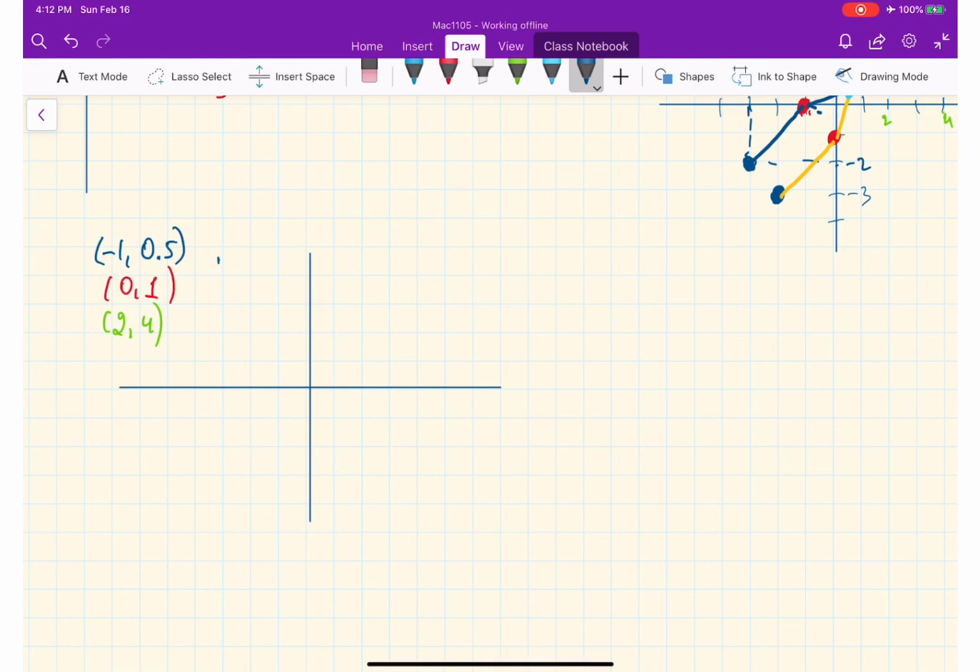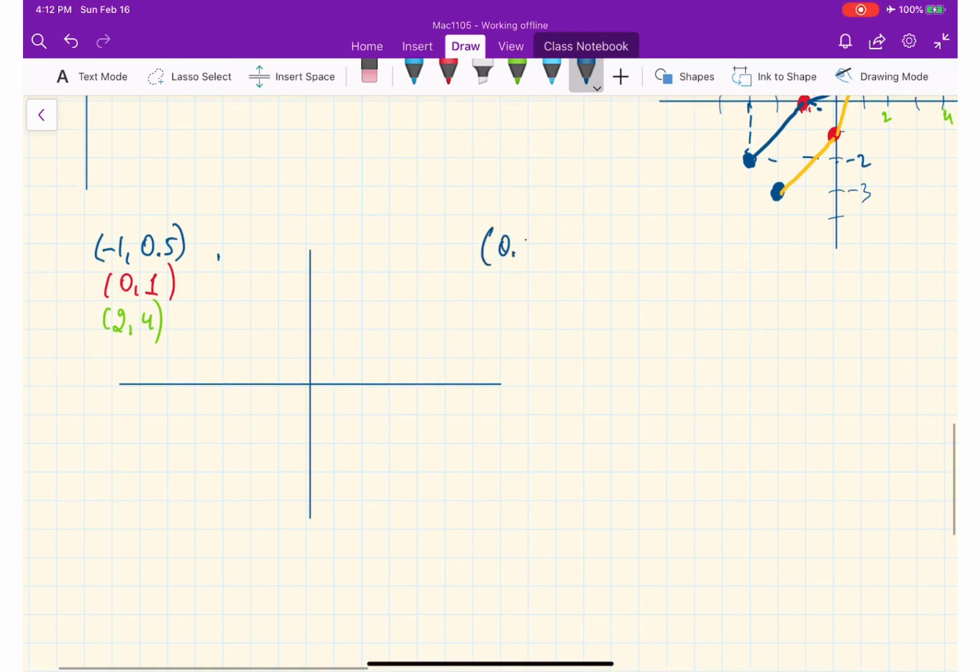Okay, so let's find out. -1, 0.5. The inverse is going to be 0.5 and -1. And then 0, 1, the inverse is going to be 1 and 0. And 2 and 4, the inverse is going to be 4 and 2.